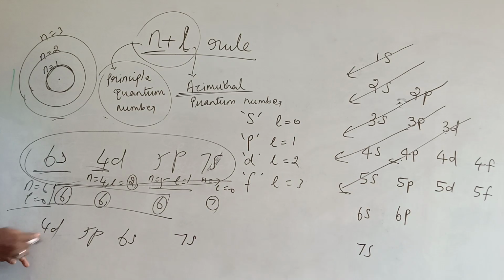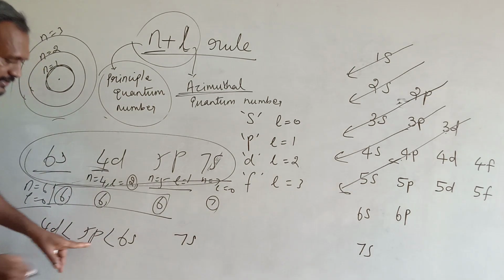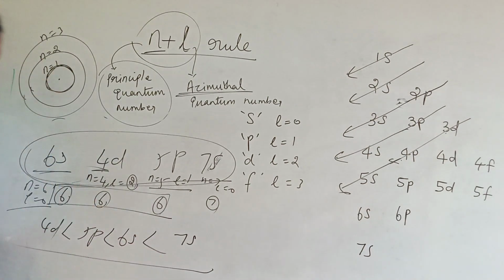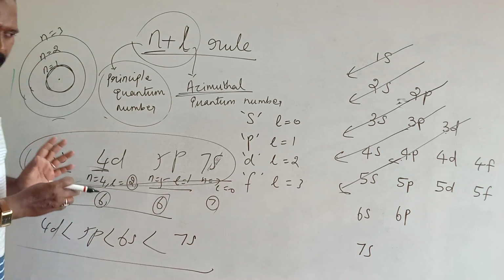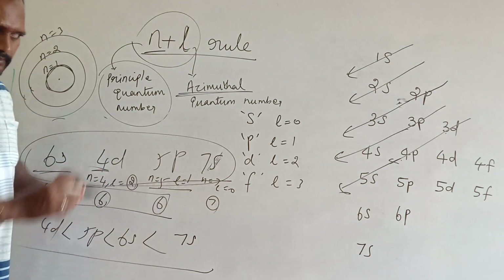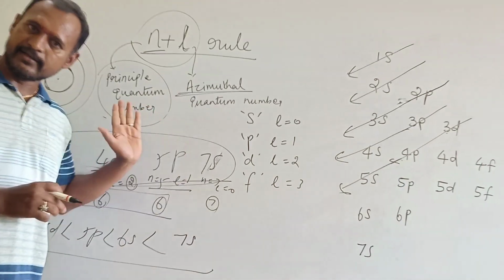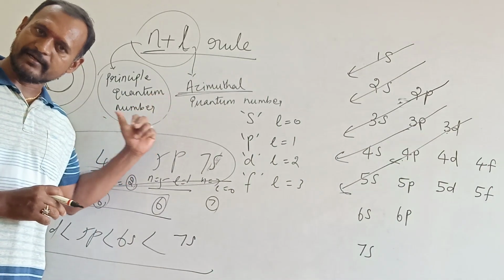Okay, 4d is lesser than 5p, lesser than 6s, lesser than 7s. So this is the increasing energy order of these orbitals. Quite clear? Because this type of question may be asked. Okay, now we can find energies of orbitals by finding the n plus l value.